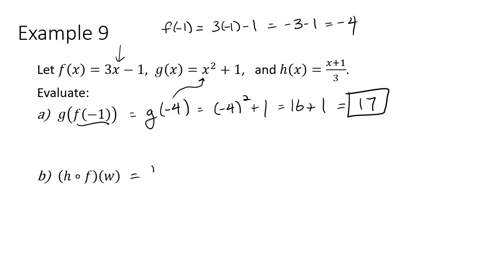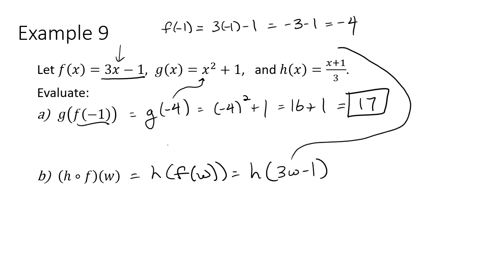For part B, h of f of w. So f of w would be 3w minus 1. And then we plug that in to the function h. So this would be 3w minus 1, but then you still have the plus 1 divided by 3.